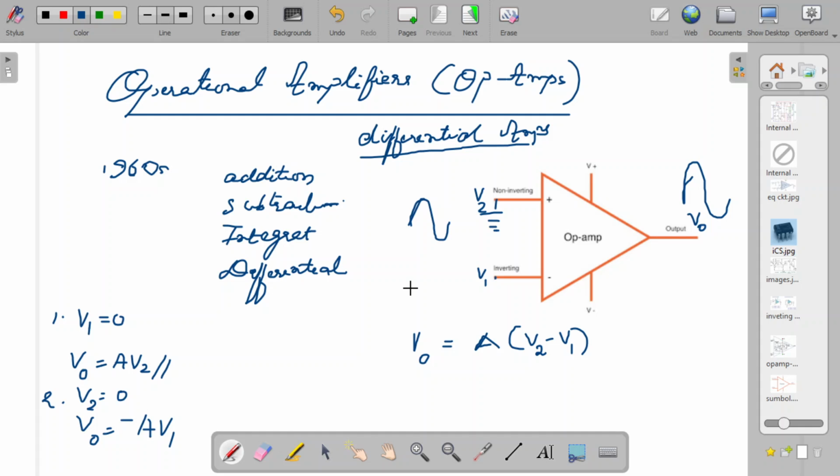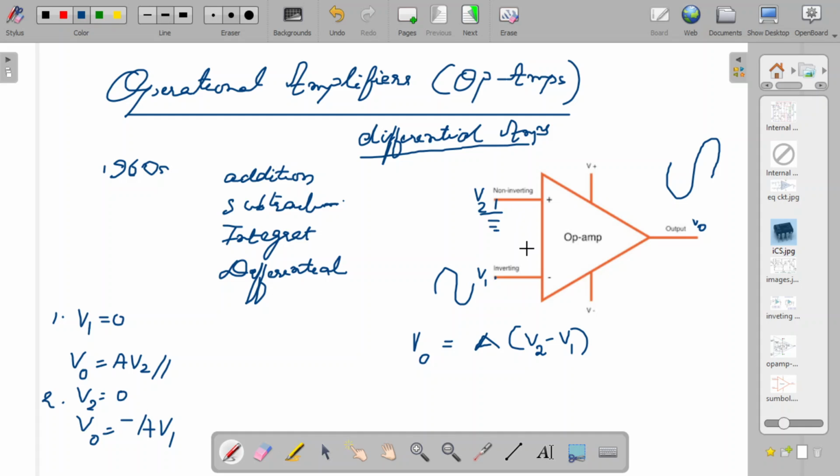So when I give an input here, there is no input here. Instead, if you are giving an input here, what you get at the output is basically an amplified signal but out of phase with that of the input. So that is why we call this the inverting and non-inverting terminal.